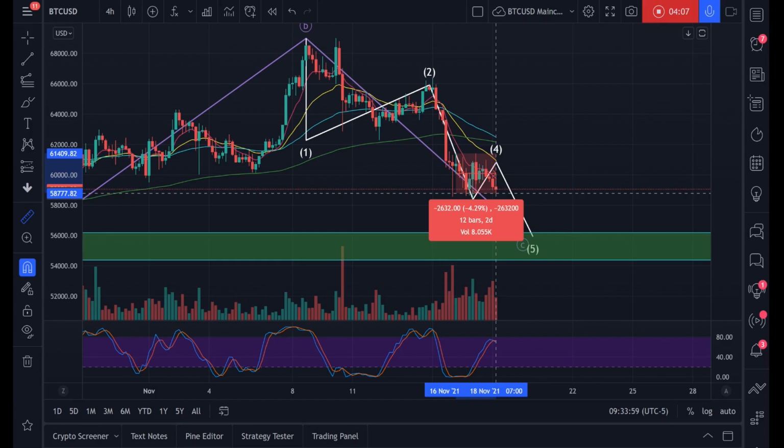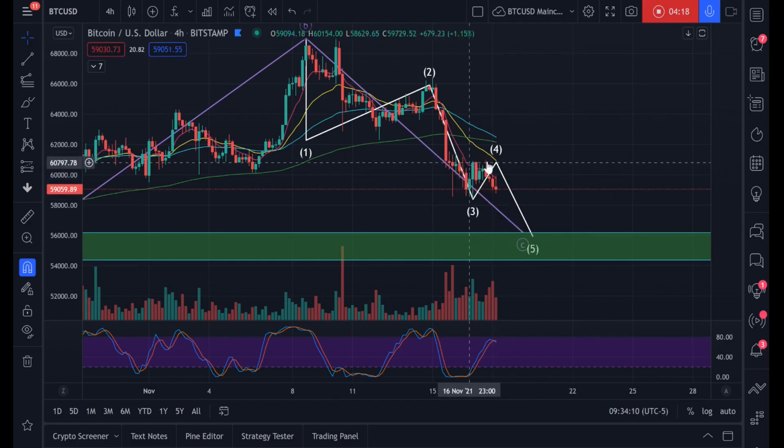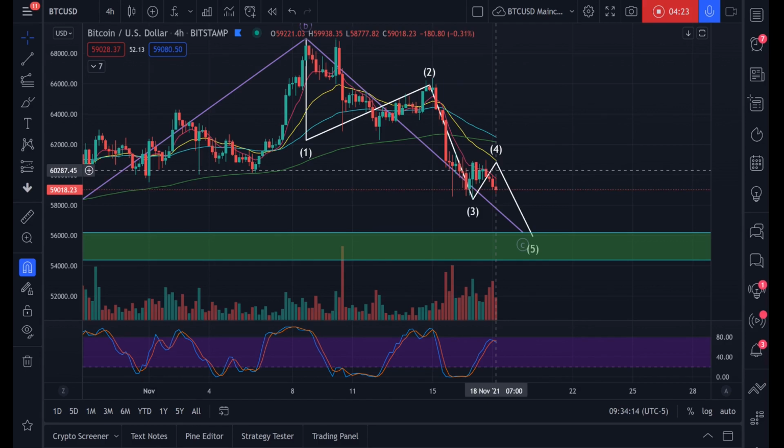Okay, that's an eternity in crypto time. We're so impatient, right? And whatever, we are what we are. 2 days, a little more than 2 days. Okay, this is very, very characteristic of a correction, right?